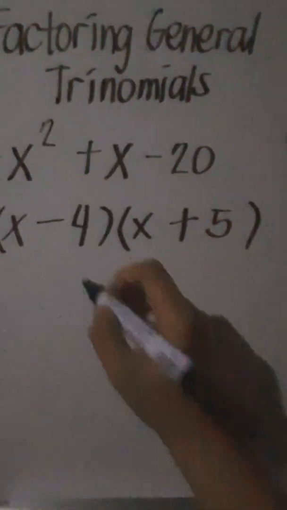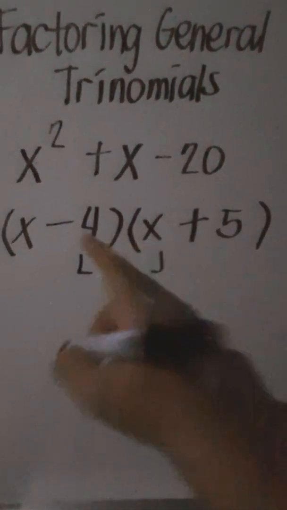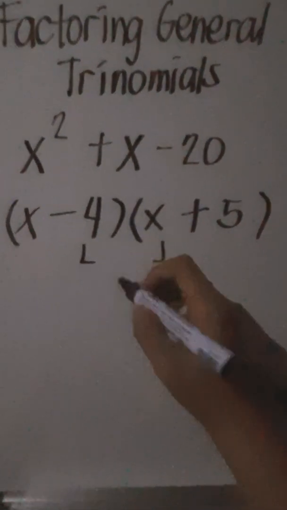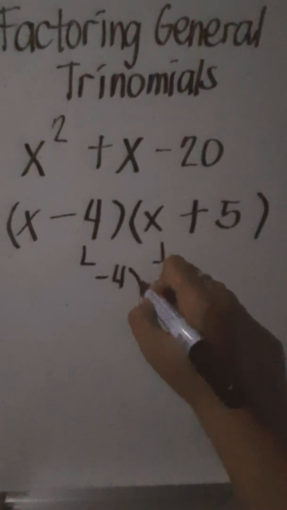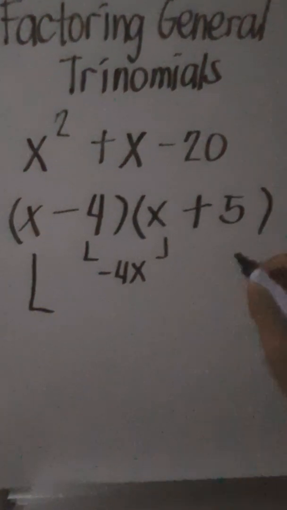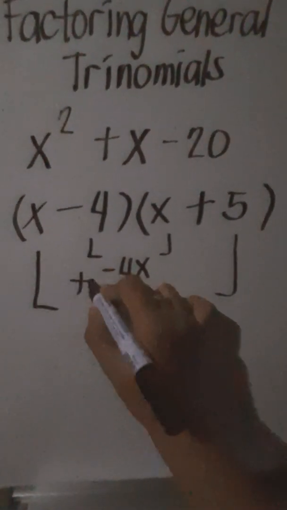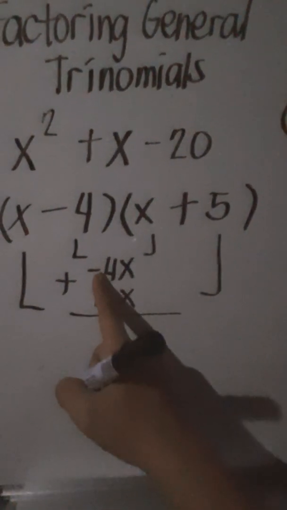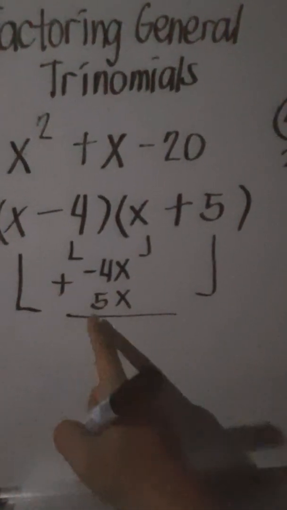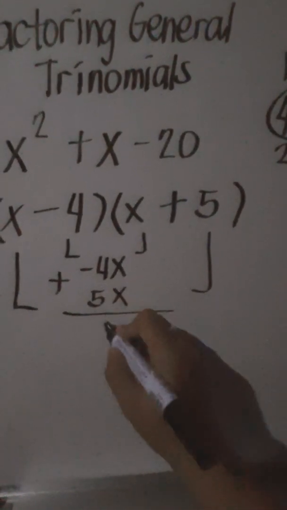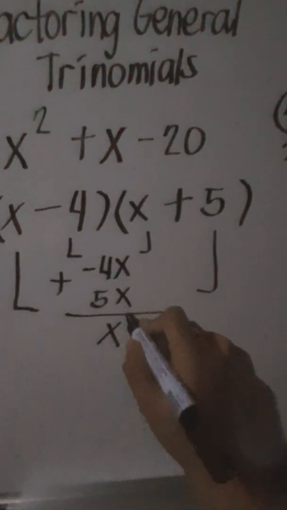Okay, let's check. The same thing. Negative 4 times x, you will get negative 4x. X times 5, you will get 5x. Let's add. Negative 4x plus 5x. That will give you positive x.